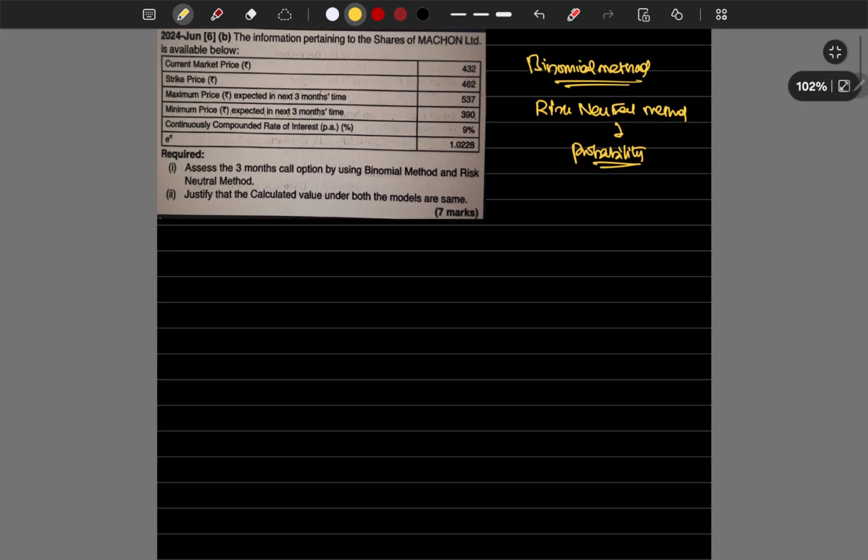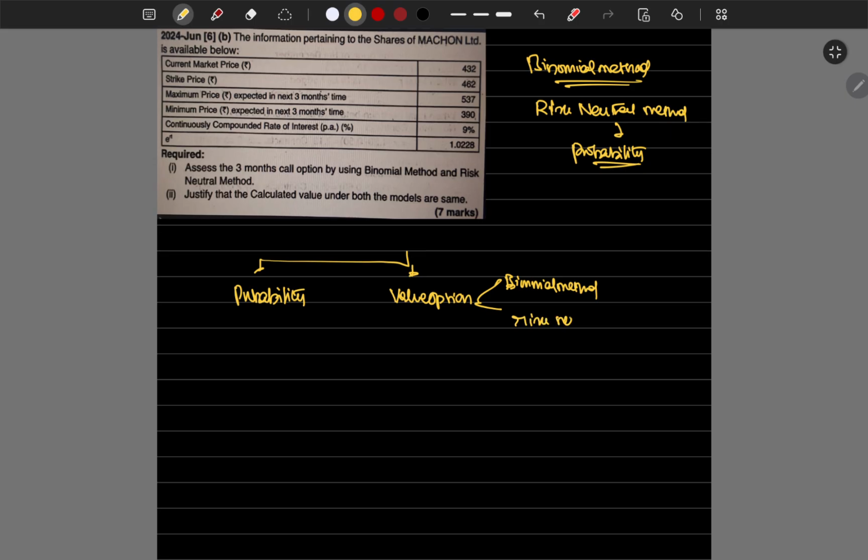What are the things we are going to do? When it comes to risk neutral, the first thing we have to find is the probability. Then we have to find the value of the option under both cases, the binomial method and the risk neutral method.